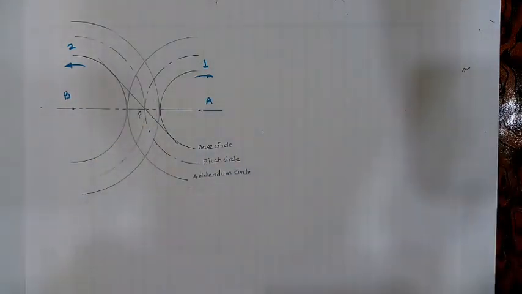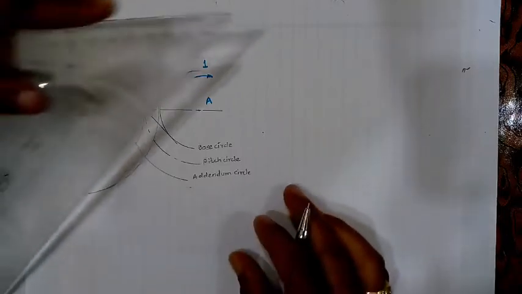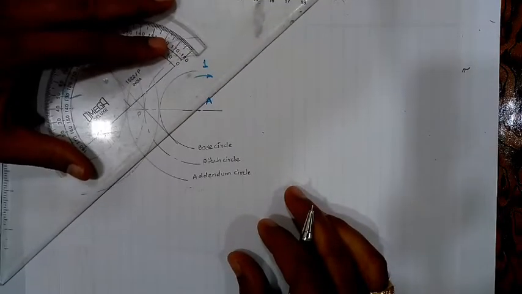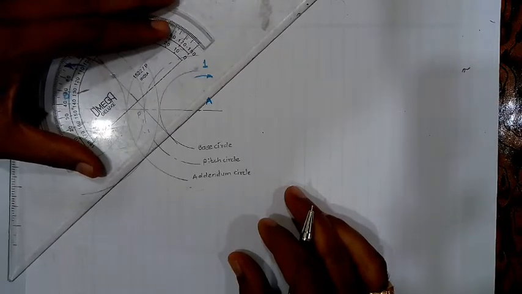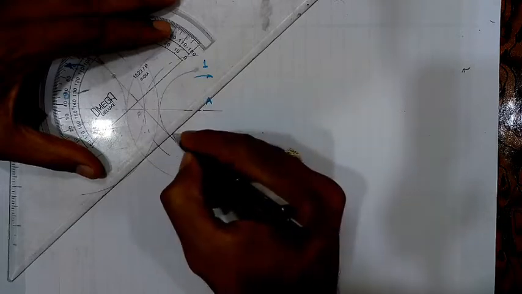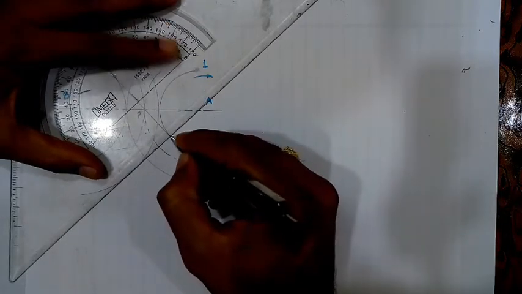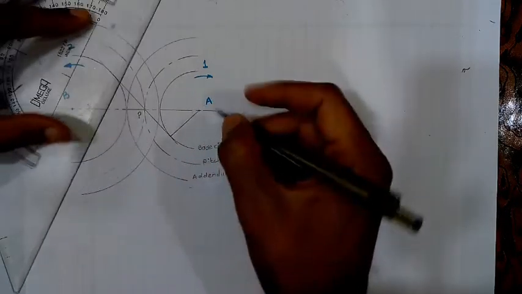Now the next step is to draw a line AE perpendicular to the common tangent drawn to the base circle. So draw a line AE perpendicular to the common tangent to the base circle. Over here I am going to draw the AE line like this.